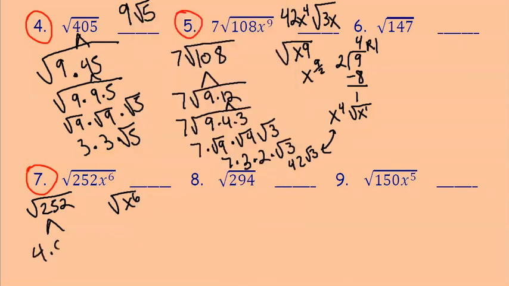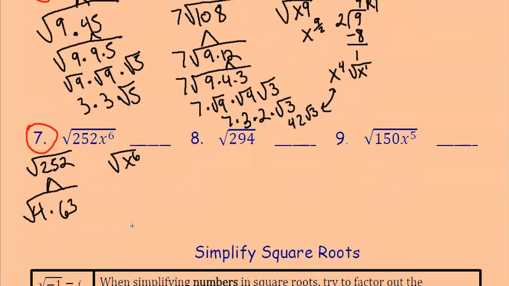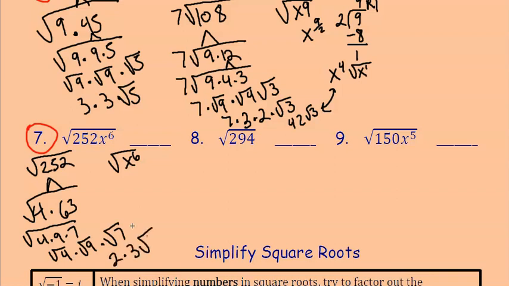So 4 times 63. 63 is 9 times 7. So we have the square root of 4 times the square root of 9 times the square root of 7. So we have 2 times 3 times square root 7. 6 square root 7.